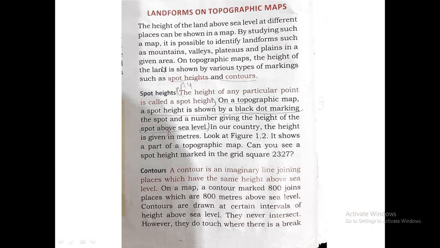On topographic maps, the height of the land is shown by various types of markings, such as spot heights and contours. So, the height of the land from the sea level at different places is shown on the map, and by studying such a map we can easily identify these landforms, whether it is a mountain, valley, plateau or a plain.